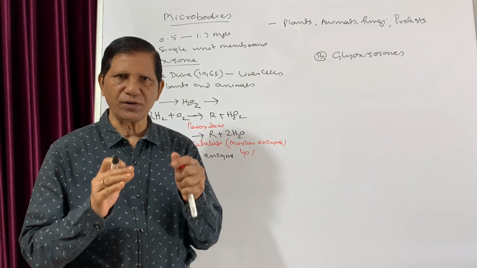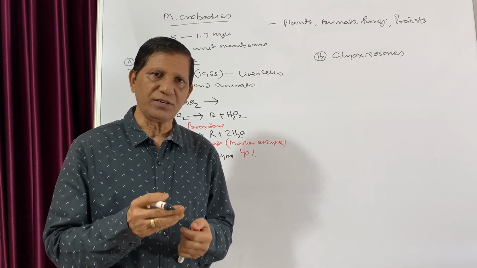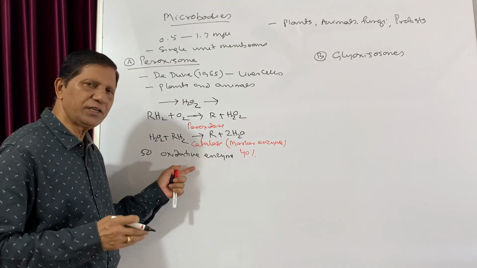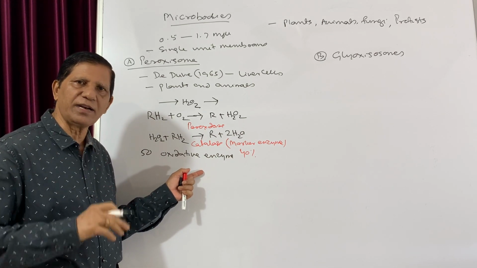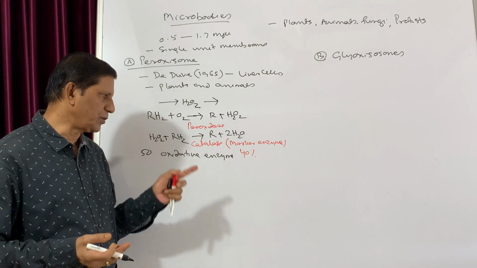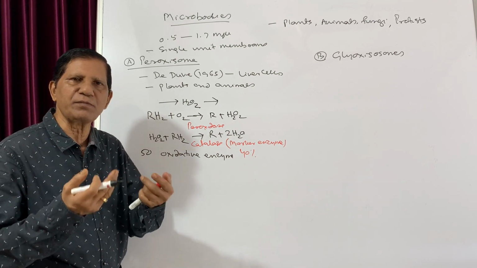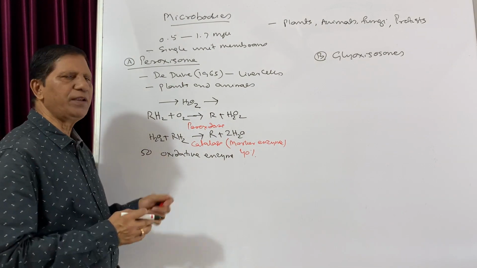We know that mitochondria contain enzymes for oxidation, but it is thought that this peroxisome is a vestige of some oxidative organelle. After mitochondria, this is the only organelle which directly utilizes atmospheric oxygen. So for that reason, this is very important.